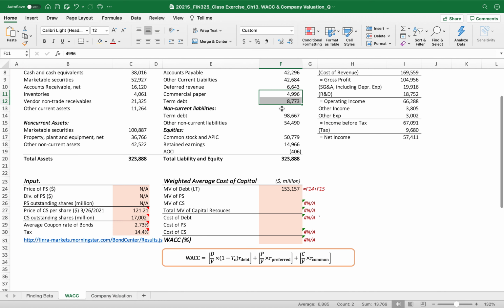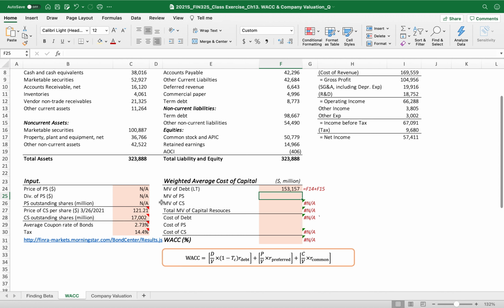If you really want to use this, maybe the commercial paper or long-term debt due in the short term, that is reasonable if you include it. But as long as you are using the short-term commercial paper and current long-term debt, you have to calculate the cost of short-term debt, and then include this short-term debt in the WACC calculation as well.